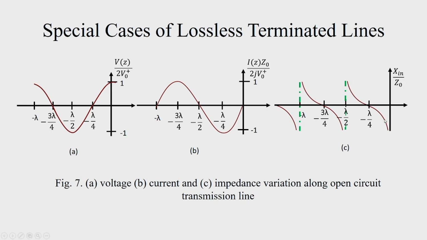As we can see, for line length less than lambda by 4, it is negative. So, it is capacitive and then it becomes inductive from lambda by 4 to lambda by 2, and this varies periodically over the length of the line.